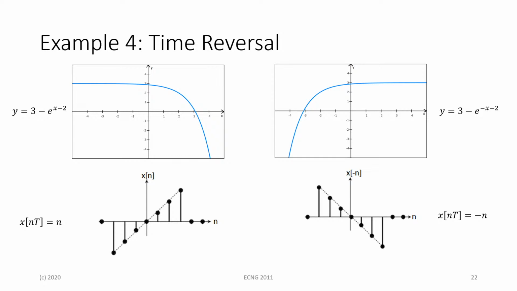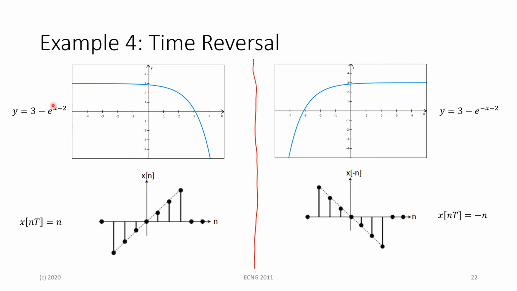So if I draw a line here representing a mirror, we can see that our original signals here are represented on the left hand side.